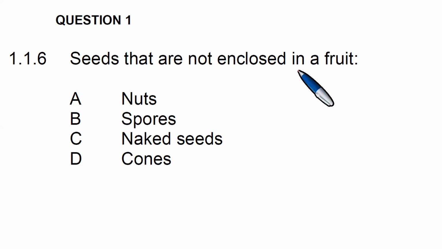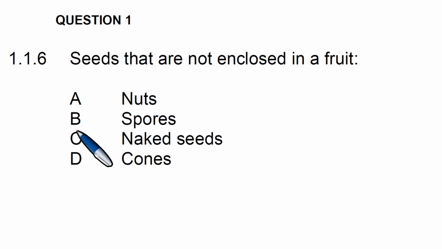For example, as we're looking at 1.1.6, there are certain seeds that are not enclosed in a fruit. What kinds of seeds are these? Yes, please. Can I try to attempt this? Yes, you wish to try it. I think it's C. Yes.